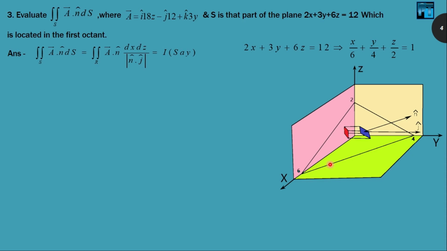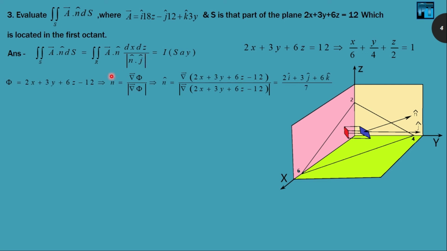Now we have to derive and evaluate each part of the integration. First, n cap. So phi is what? Phi is 2x plus 3y plus 6z minus 12. This is our phi. n cap is grad phi by mod of grad phi, that becomes 2i cap plus 3j cap plus 6k cap by 7. Now the value of n dot j is 3 by 7, so the mod of n dot j will also be 3 by 7.